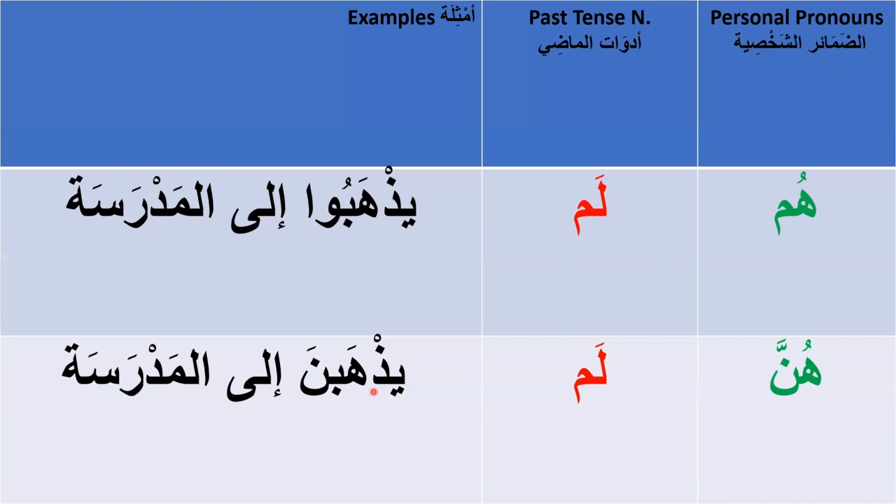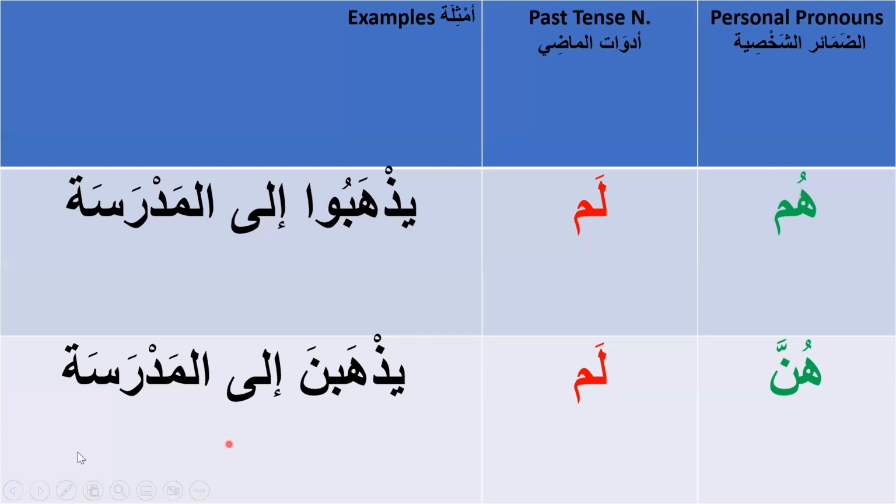You gotta drop the noon, as I explained in this lesson. Okay, so these are the tenses that so far I have covered. I covered present tense and how to negate the present tense, and also the future tense and how to negate the future tense, and I have covered past tense, and today I'm explaining how to negate the past tense using lam, which is did not.